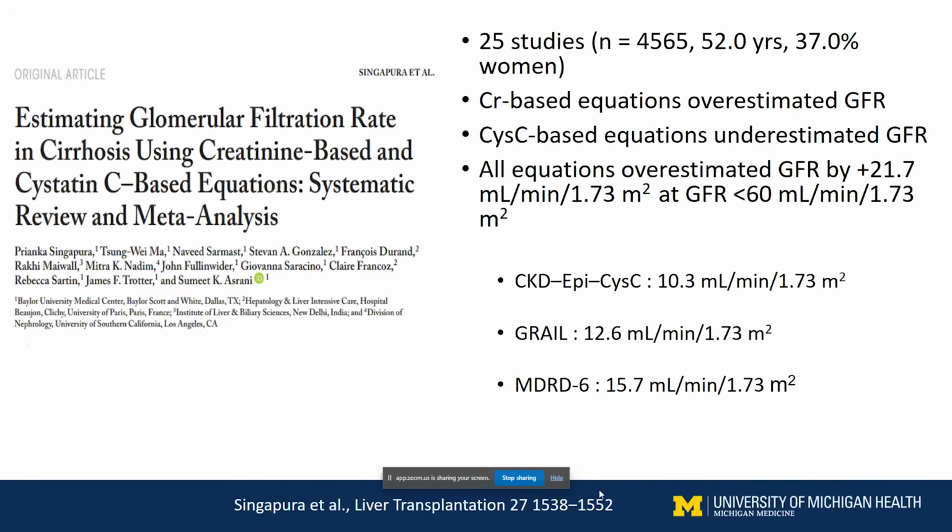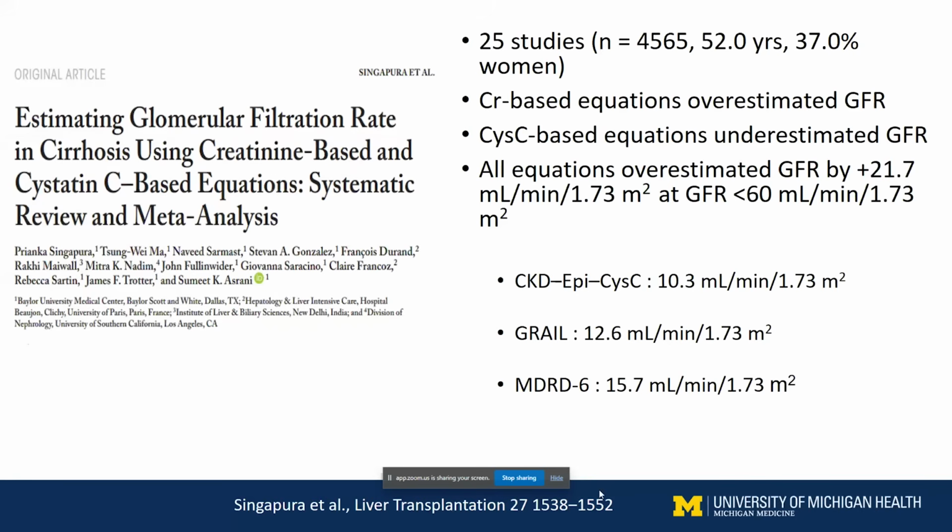We all know about estimated eGFR, which we get with every creatinine that we order, and it's a calculated number. There are various equations over the last many years. So this was a meta-analysis of 25 studies of close to 4,500 patients with the median age of 52 years, and 37% were women.